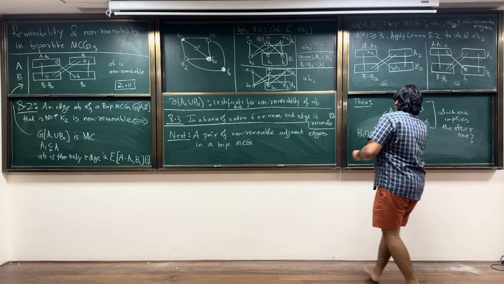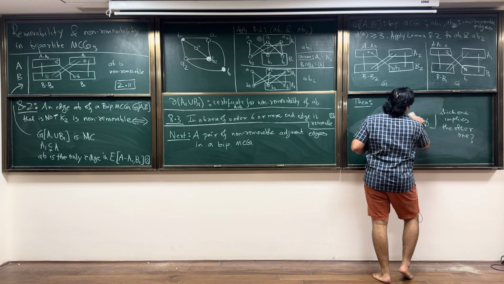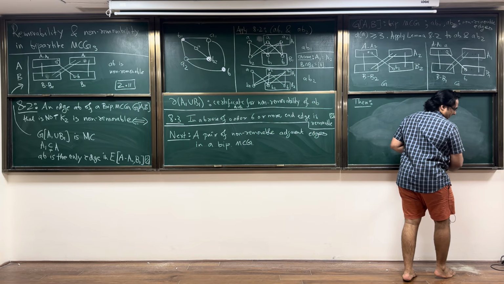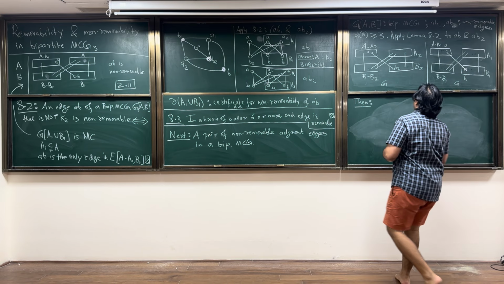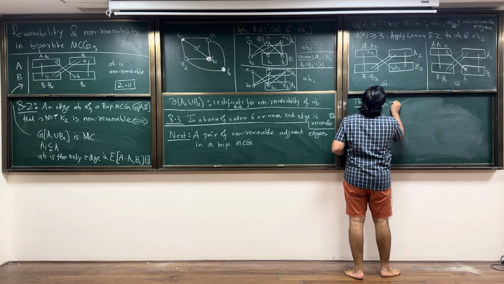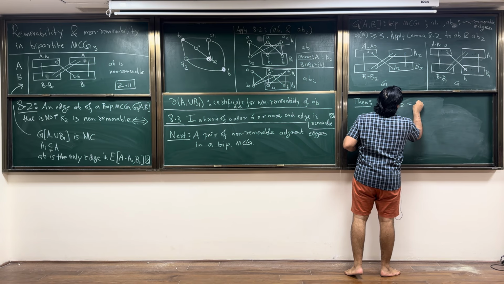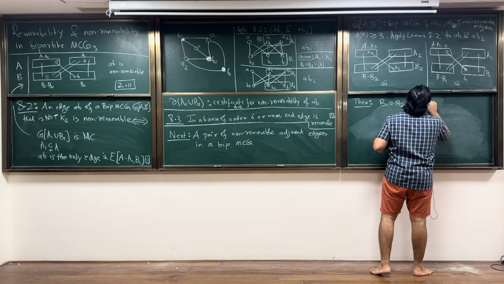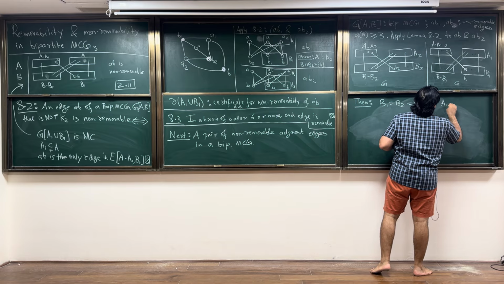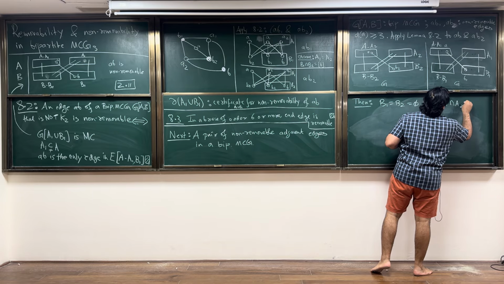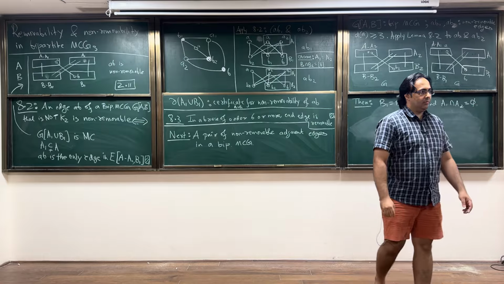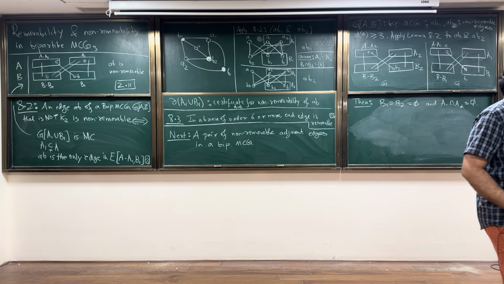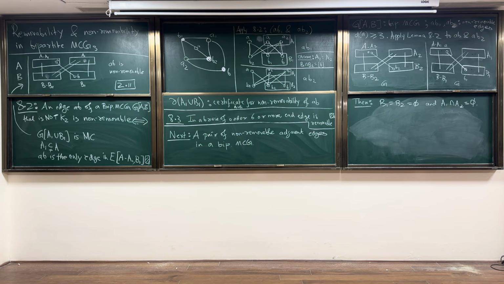What we will prove is that both of these statements are true. We will prove that B1 intersection B2 is empty and A1 intersection A2 is empty. Okay, this is what we'll prove. Alright? Sorry? Typo?